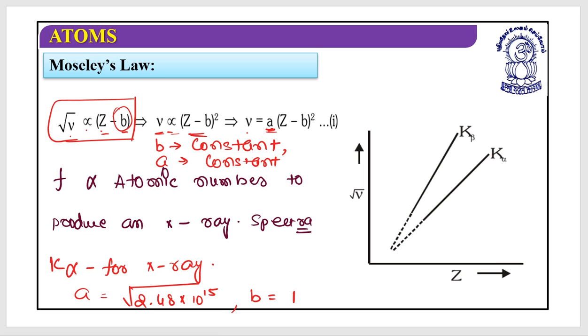I hope this is clear. And if I plot this on a graph of root of f versus Z, it would be a straight line, and it cannot start from the origin because there is an intercept that we call b over here.